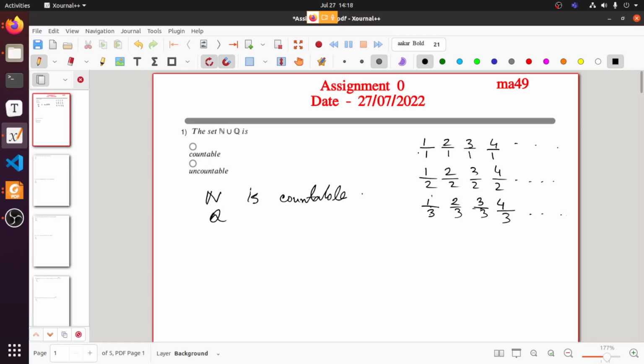Now do the diagonalization. This is the sequence: a1 will be 1, a2 will be 2, a3 will be 1 by 2. From that sequence you can find a bijection from the natural numbers to the rational numbers. So Q is also countable.